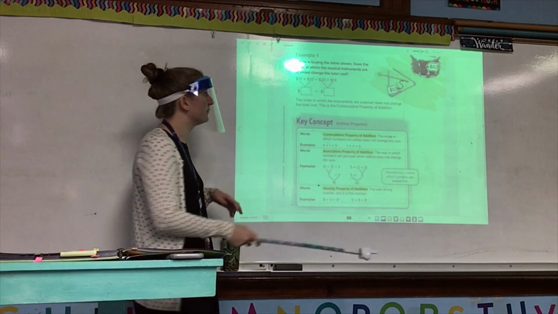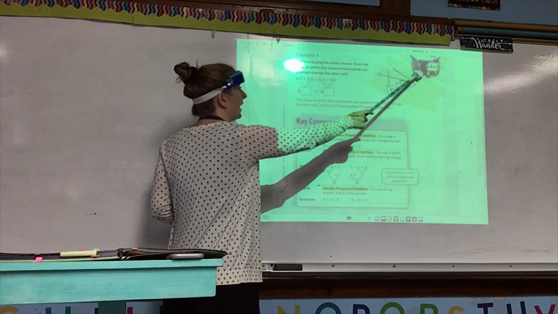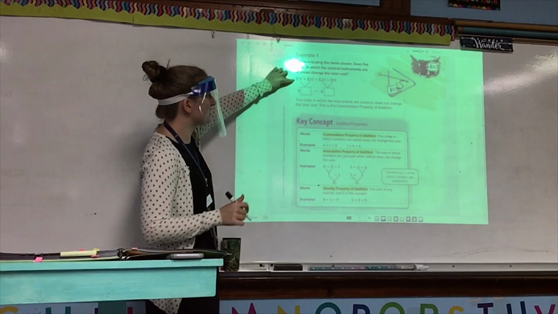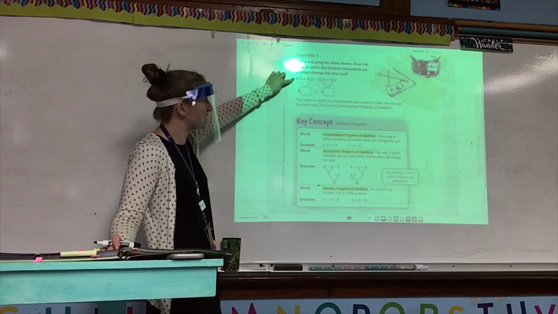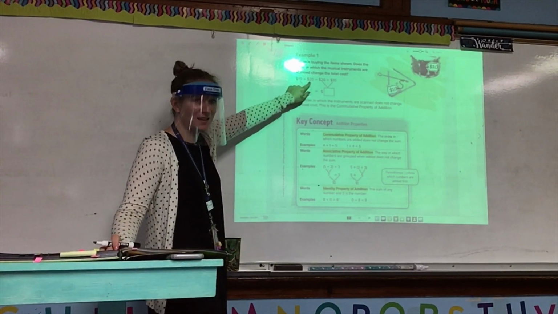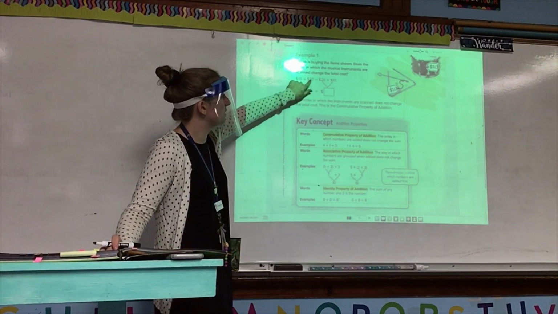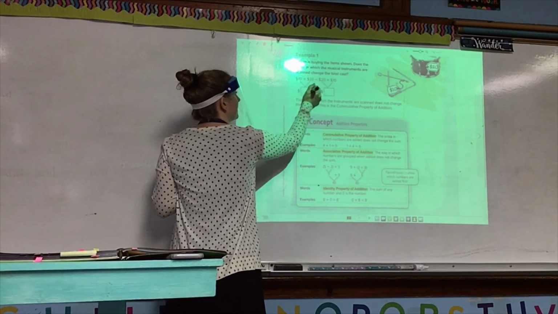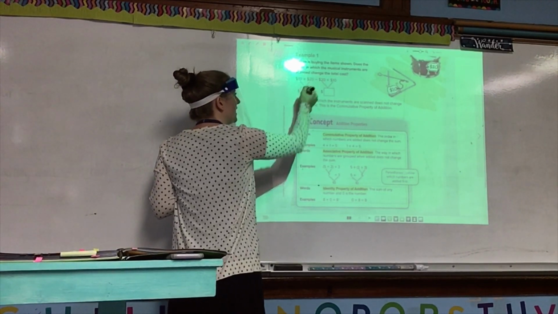Well, let's see. So he's buying a triangle for $10 and a drum for $20. On this first side of the equation, they scanned the triangle first, which was $10, and then they scanned the drum, which was $20. Well, $10 plus $20 is, if we add the ones place, 0 plus 0 is 0. Then add the tens place, 2 plus 1 is 3.